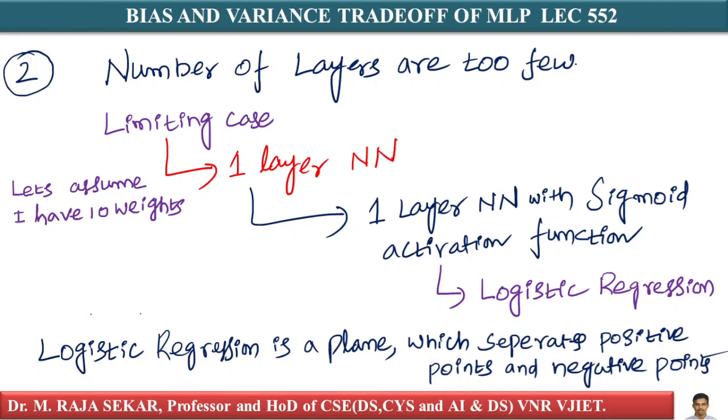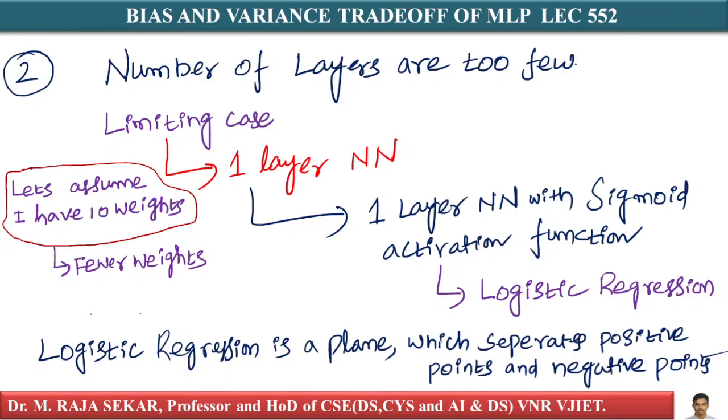Instead of 1000 weights, let's assume I have only 10 weights. Then the amount of fine tuning that I can do with 10 weights is much lesser than with 1000 weights. So if I have fewer weights, then I have a higher chance of underfitting my model.